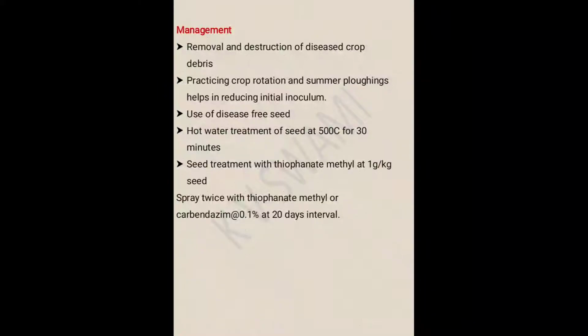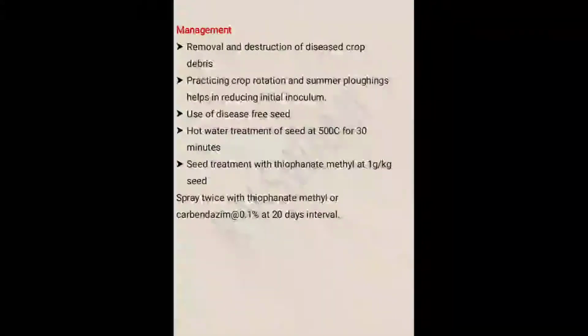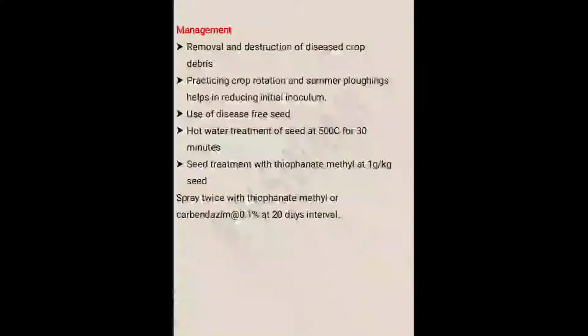They can avoid monoculture and adopt crop rotation. The summer plowing helps in reducing initial inoculum. Means if the farmer adopts deep plowing, the deeply seated inoculum in the soil may get exposed to the sunlight and may be killed by the sun rays.